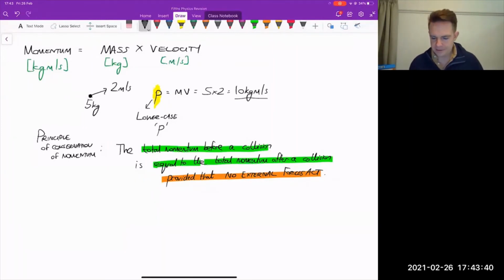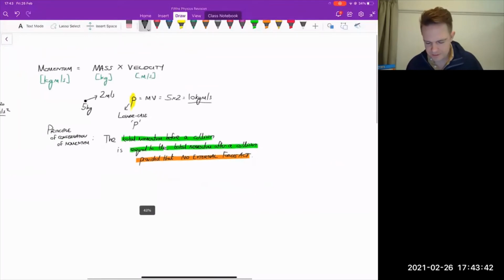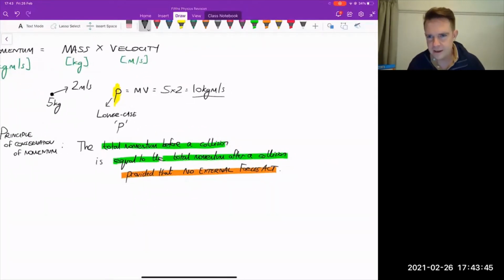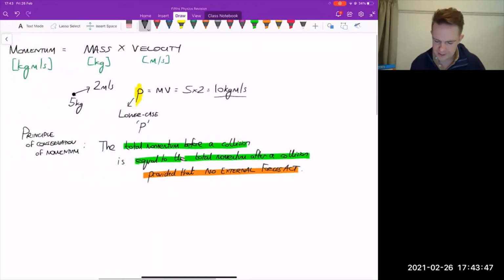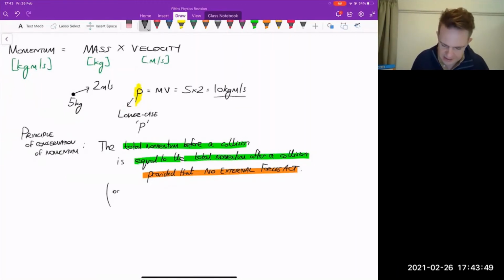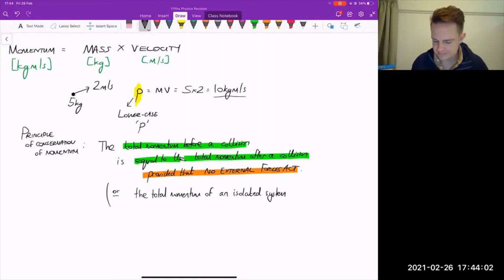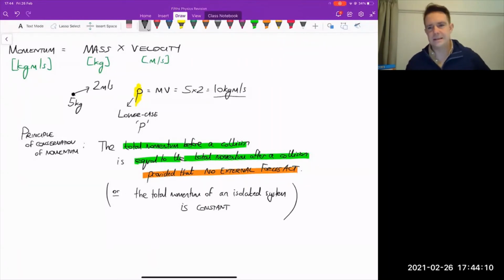What you most often see in exam papers is that one, but an alternative statement is: the total momentum of an isolated system is constant. This is the more technical one, but I like it because it's concise. Why not, Edexcel, just have that as the standard definition?